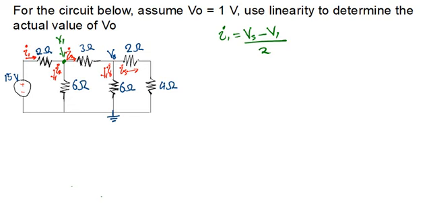So if we find our I1 and our V1, it will be very easy for us to find our Vs. And if we find our Vs, the only thing remaining is to find the actual value of Vo. So let's keep in mind that formula.